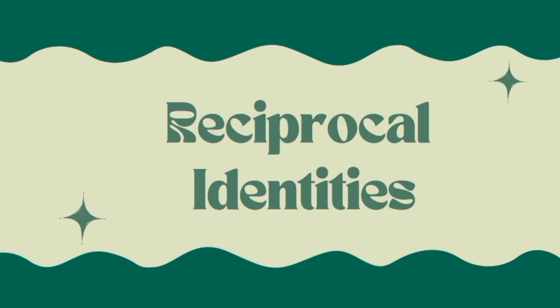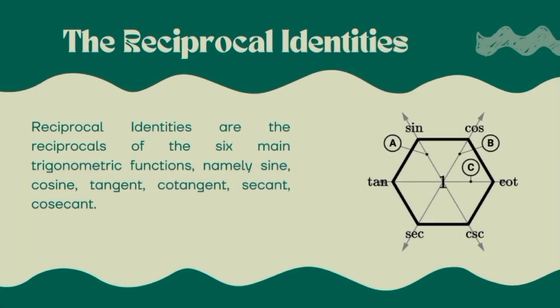Reciprocal identities. Reciprocal identities are the reciprocals of the six main trigonometric functions, namely sine, cosine, tangent, cotangent, secant, and cosecant. And they play a fundamental role in trigonometry and are essential for solving a wide range of mathematical problems.